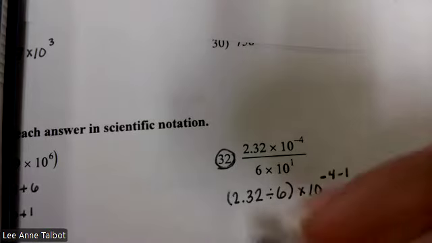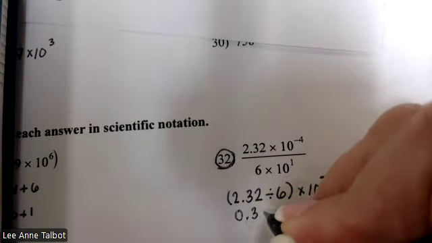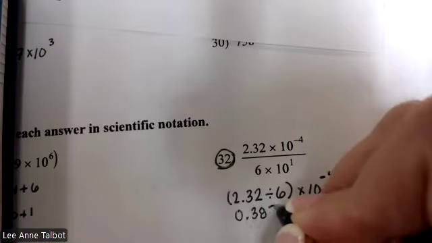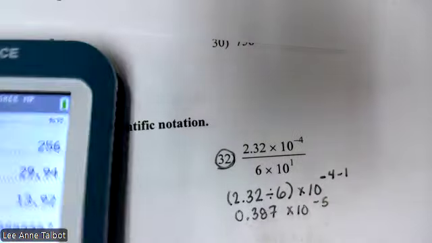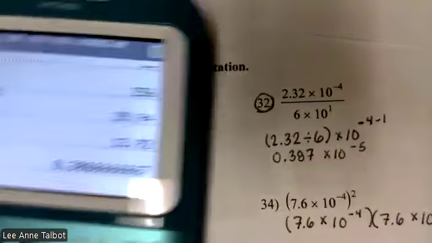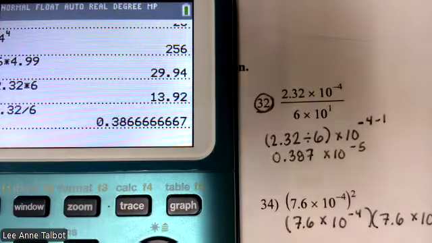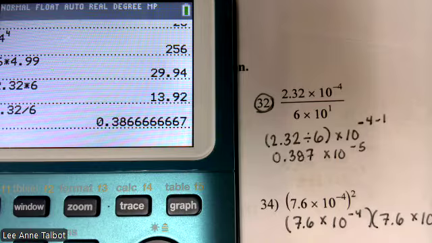Okay, so now let me fix this guy. Okay, first, is everybody okay with me saying 387? If I'm going to round to 3 decimal places, do you see where the 7 came from? We're good with that?